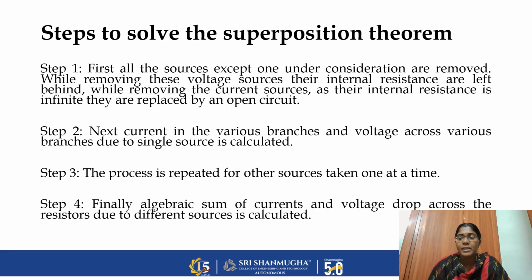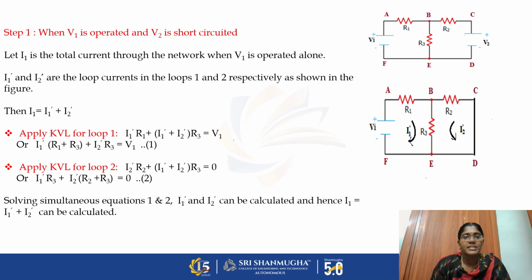Remaining sources should be inactive, taken one at a time. So finally, we have to calculate the algebraic sum of the currents and voltage drop across the resistors due to the different sources. So let us see these steps in more detail.